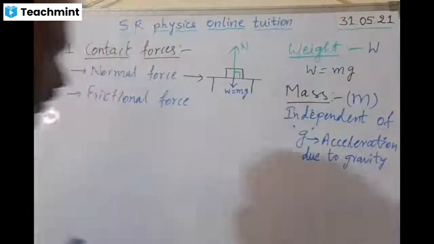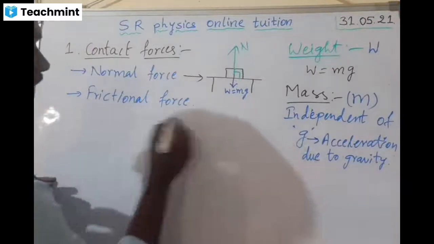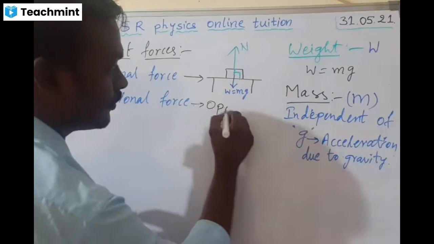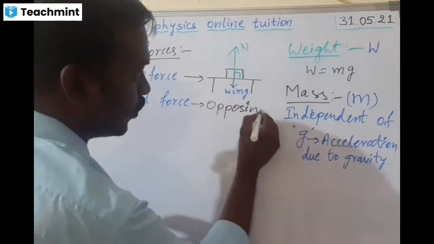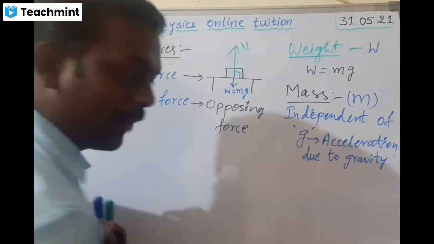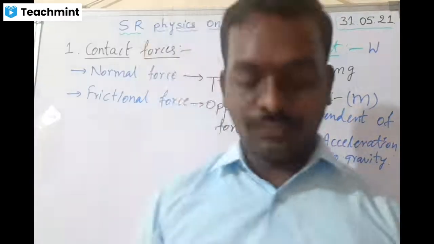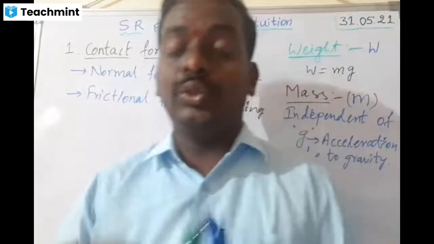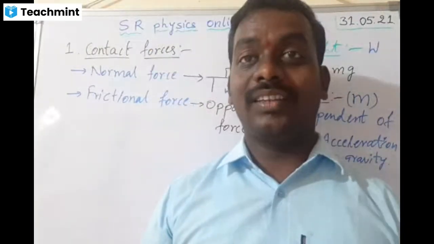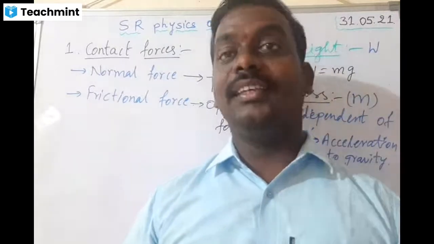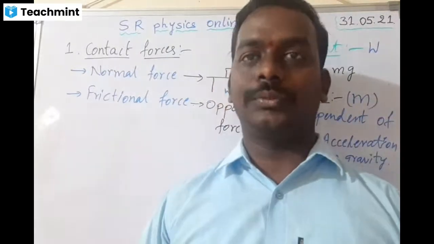Okay, right. So here the frictional force is an opposing force, which we will discuss mostly in the further classes. There are so many advantages and disadvantages of this frictional force.